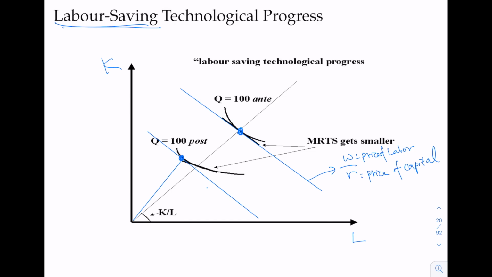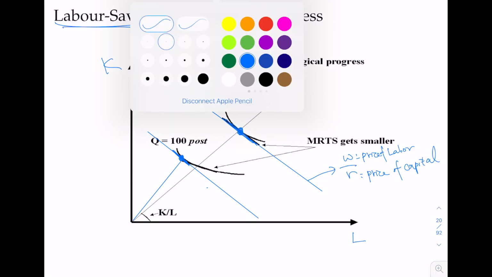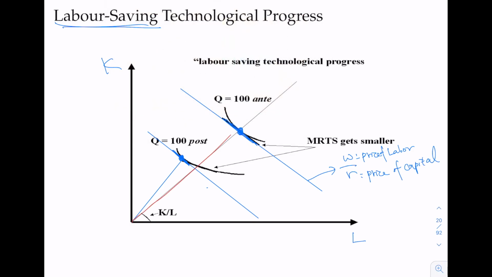Okay, so this is called labor saving technological progress. And if the slope here is the same as before, then the slope at the original ray originating from the origin will be flatter, right? So that's why we have this picture. So the MRTS, the slope of the isoquant curve, becomes flatter on this line. So that's labor saving technological progress.